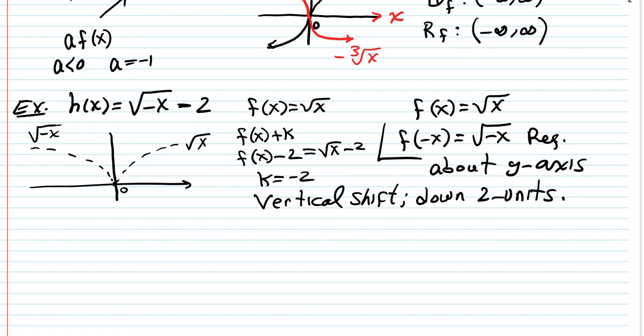So let's say 1, 0, we can trace that point, bring it down 2 units. So what used to be at 0, 0 is now here. And redraw this graph, the one that's reflected. There you go, redraw it like this. And that's going to be the graph of h of x.